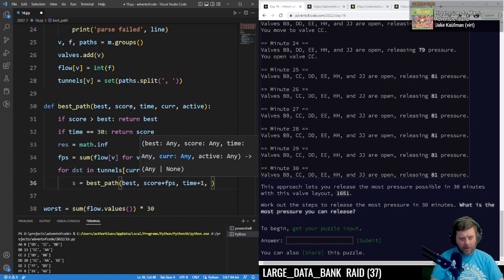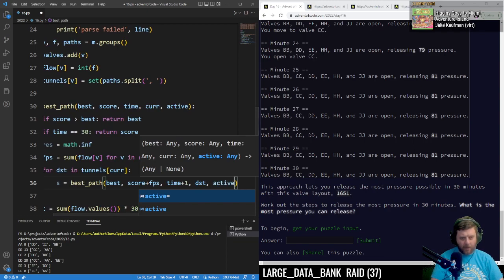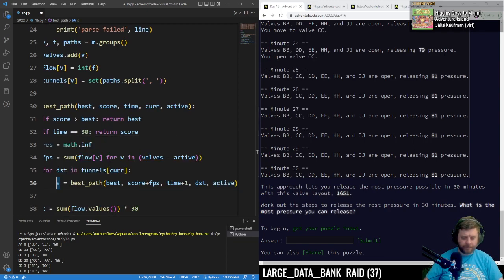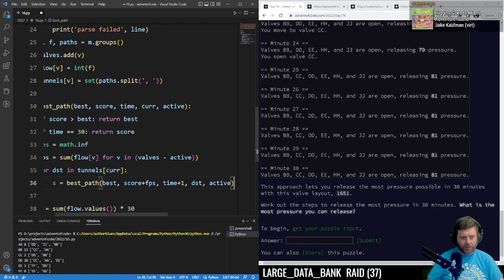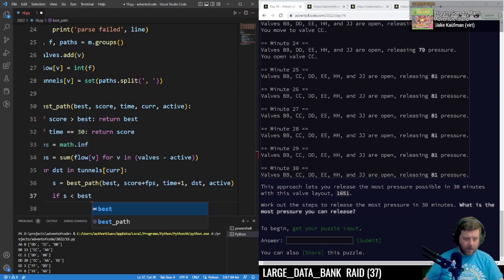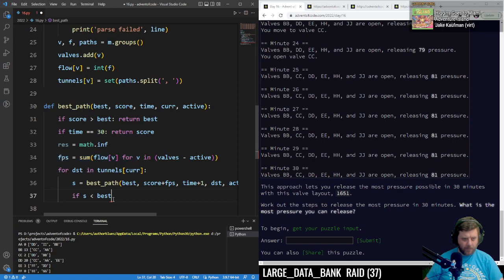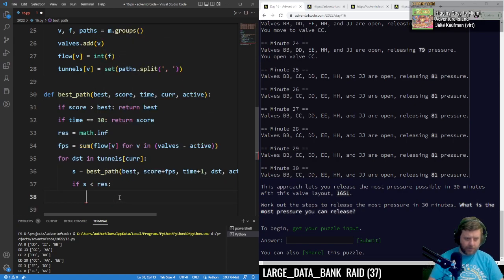One second has elapsed. My new destination and the same active valves. Nothing's changed in that regard. So these are the options for if S is less than the result.